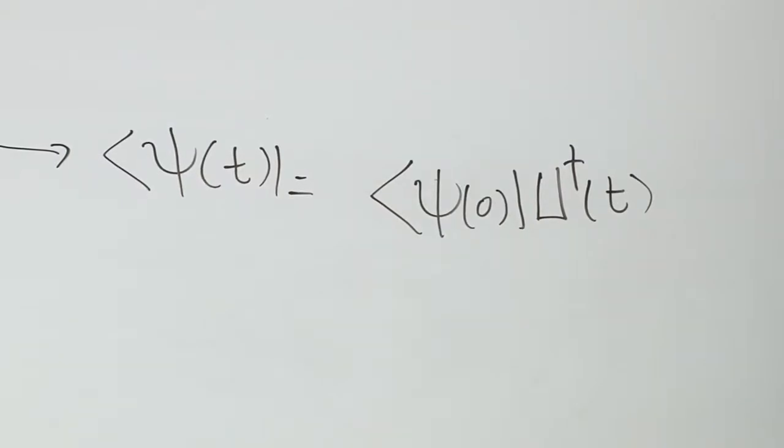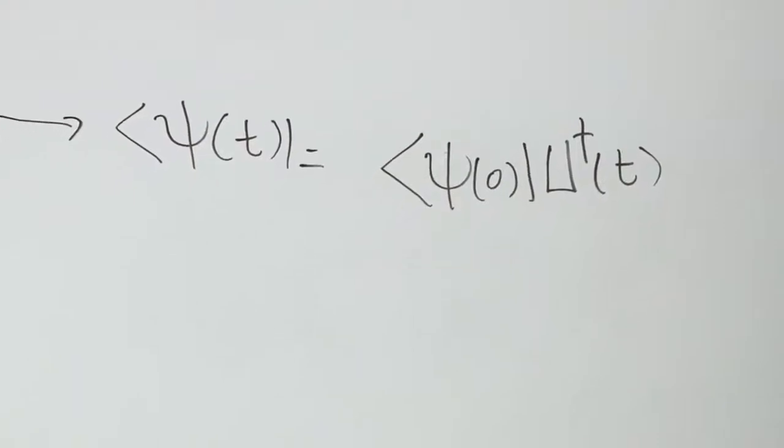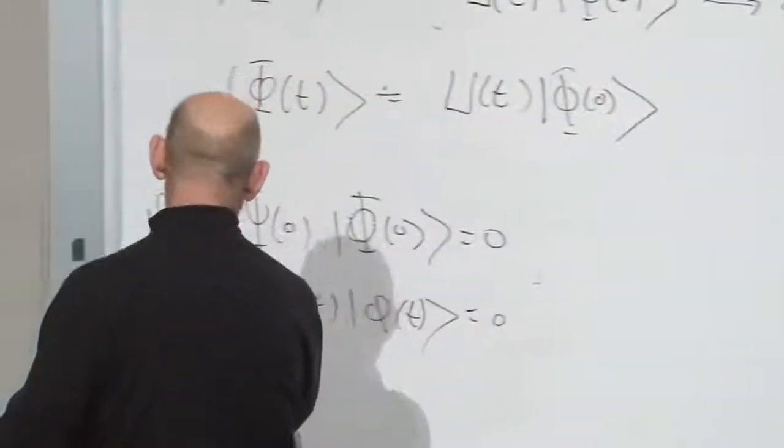It's related to the complex conjugate, but it is the Hermitian conjugate. All right, so now we plug this into this equation here. And what it says, let's write it out.